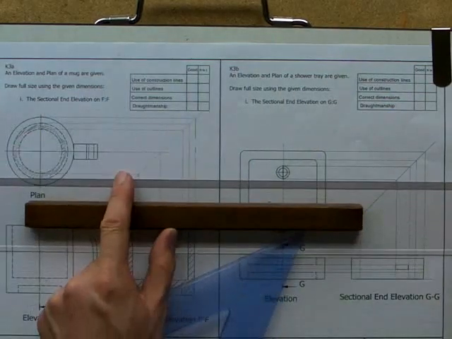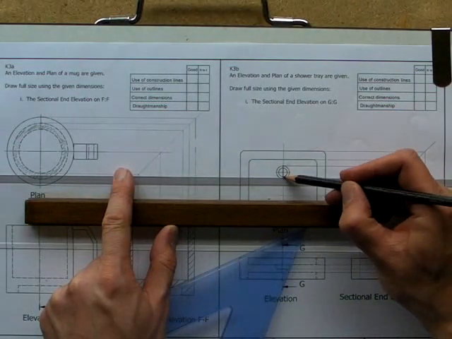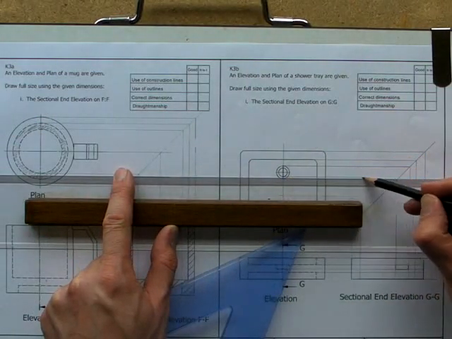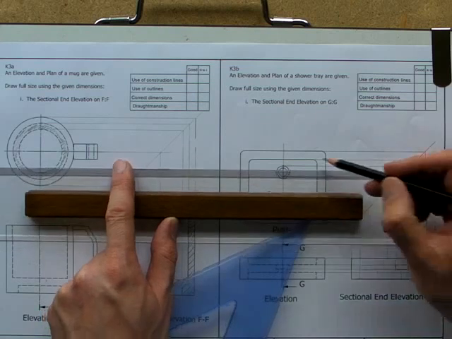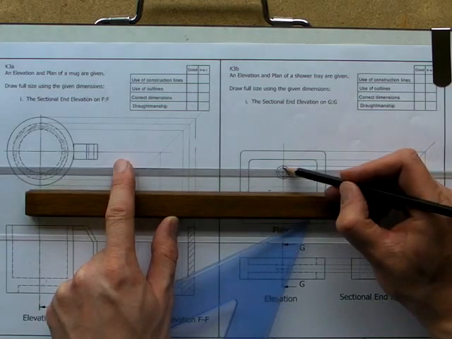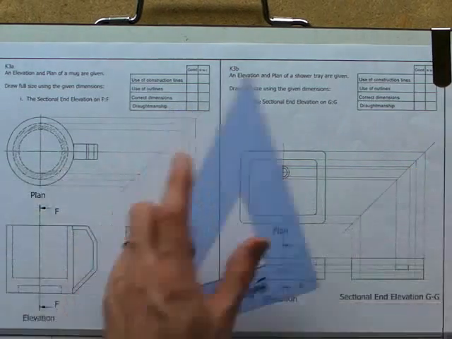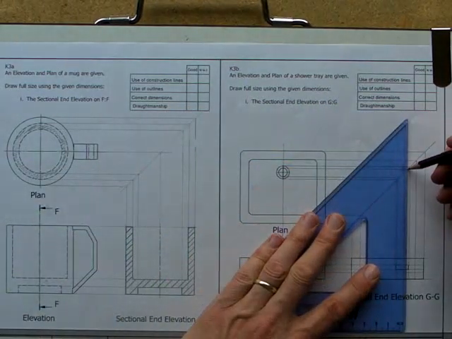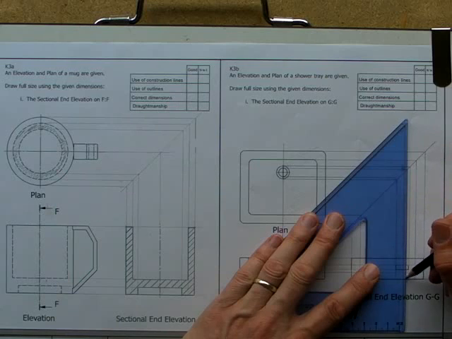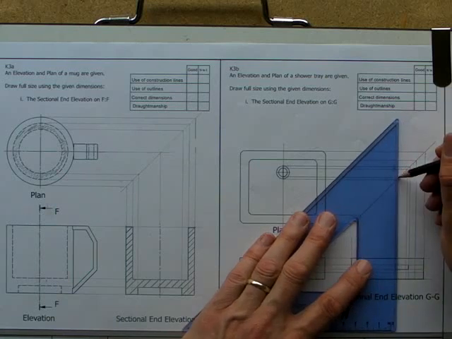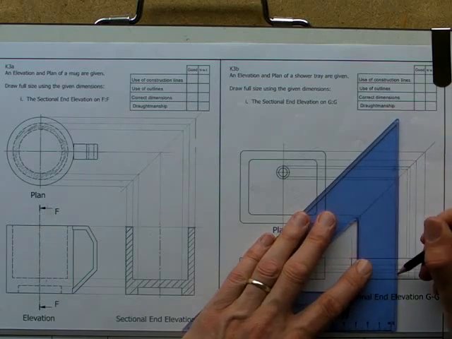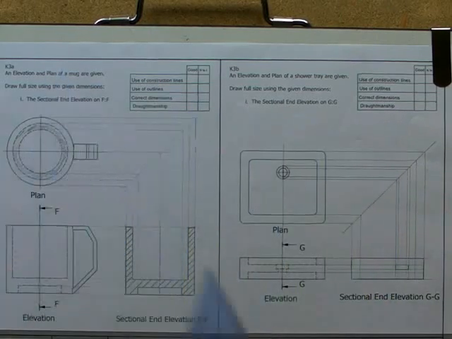And if I draw information about the inner circle here, which is the actual hole that is right the way through, and then we can bounce that round and get that onto our drawing. There and there.